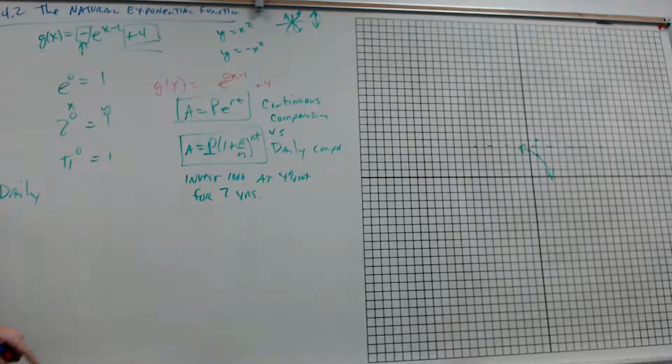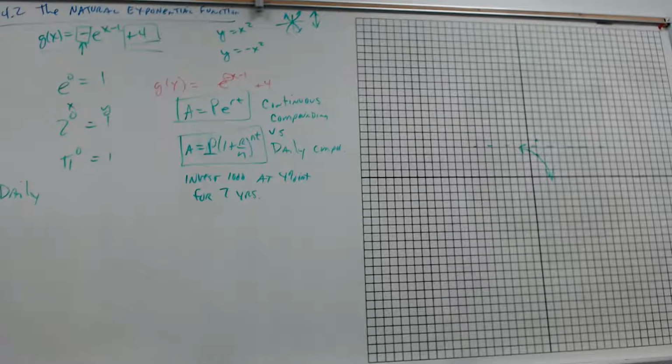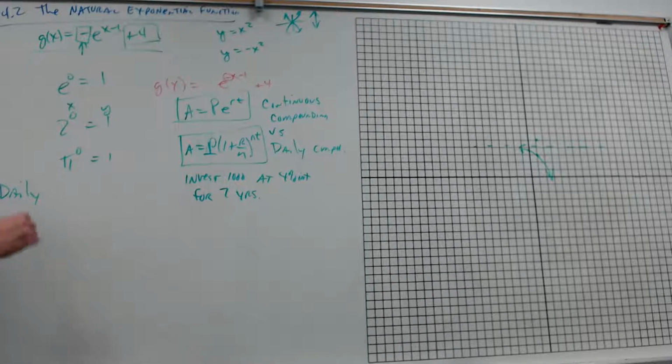Could you read it? Sorry. Invest $1,000 at 4% interest for 7 years. 4 parentheses. No, your principal's not 4%. 1,000. $1,000 times 1 plus, what's your rate? Yeah, how do I write that?